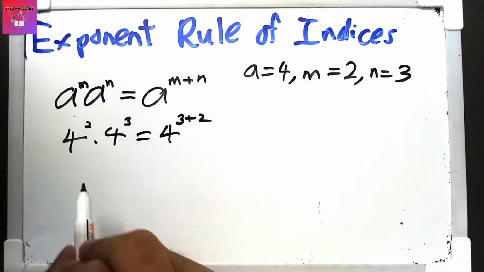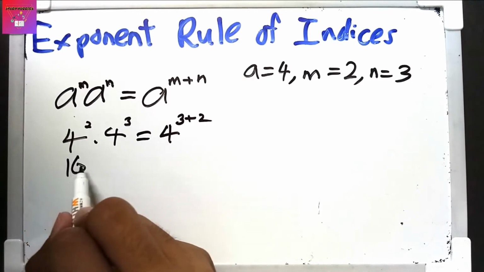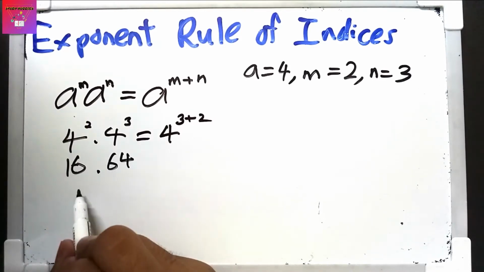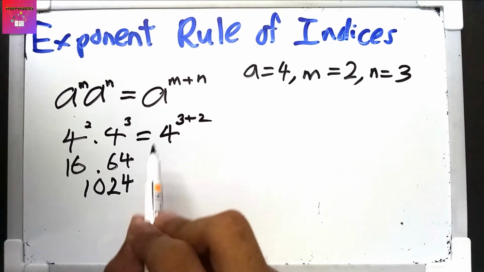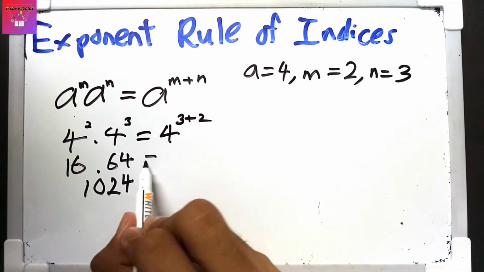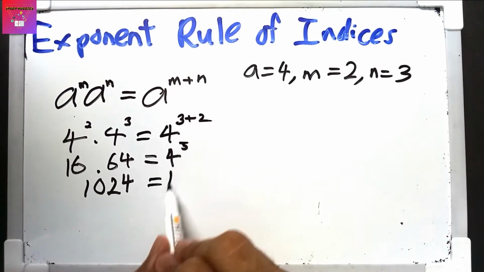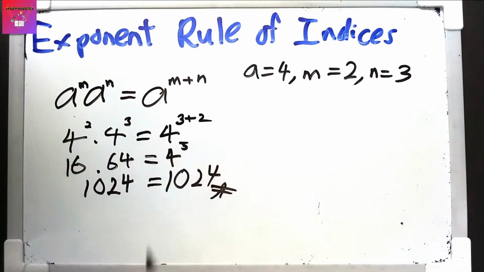I'll solve this side first to make it clear. 4 squared would be 16, and 4 cubed would be 64, and the multiplication of these is going to bring you to 1024. On the other hand, 3 plus 2 is 5, so 4 to the power of 5 is also 1024, which proves that this equals this.